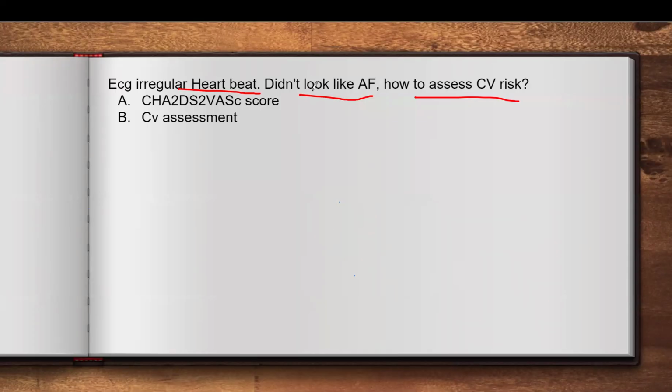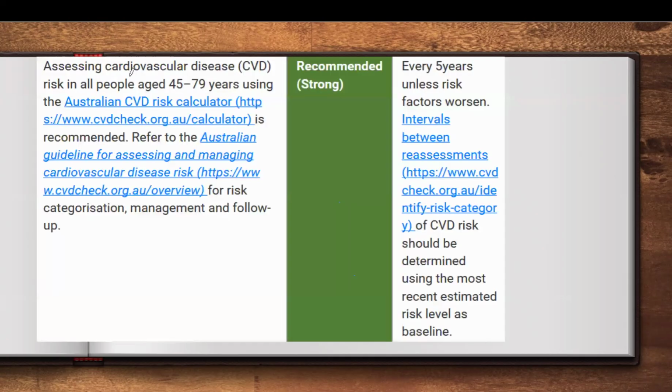If the ECG does not look like atrial fibrillation, then we will do the cardiovascular risk assessment, the normal one, which is called the Australian CVD risk calculator. Okay, so this is again from the Red Book.